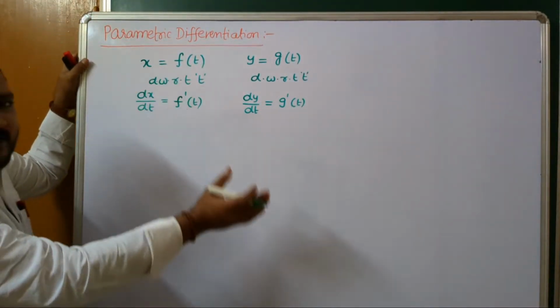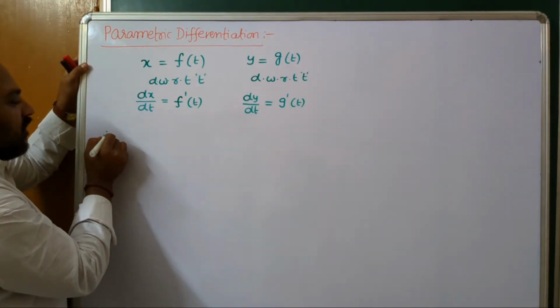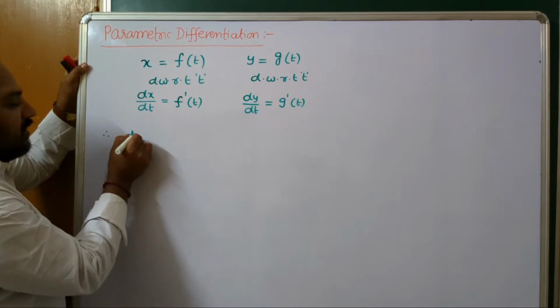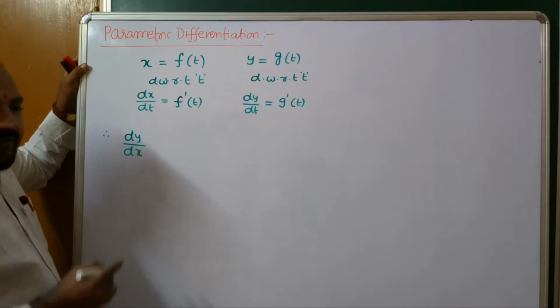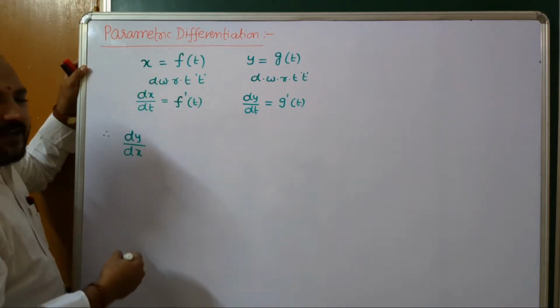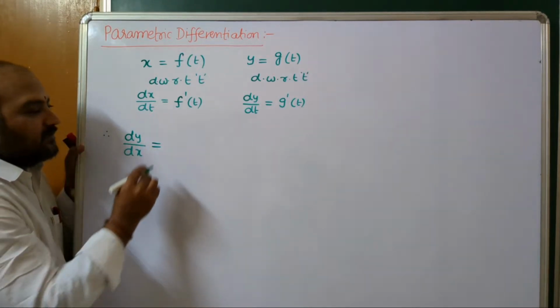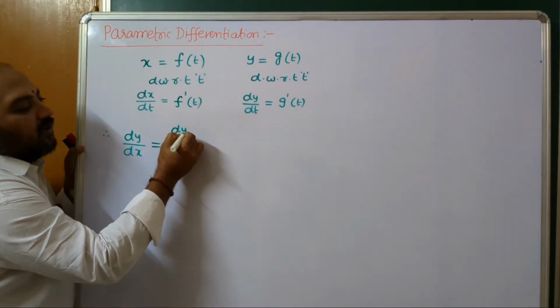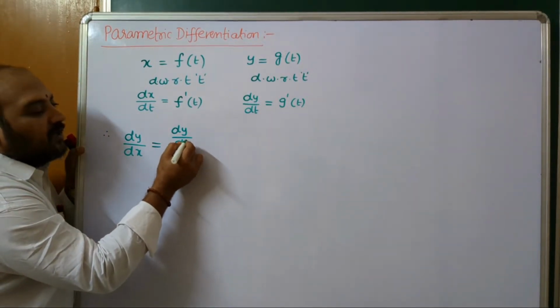After getting these results, derivative means we want dy by dx. But dy by dt is there, so dy by dx we can write by dividing both numerator and denominator by dt.